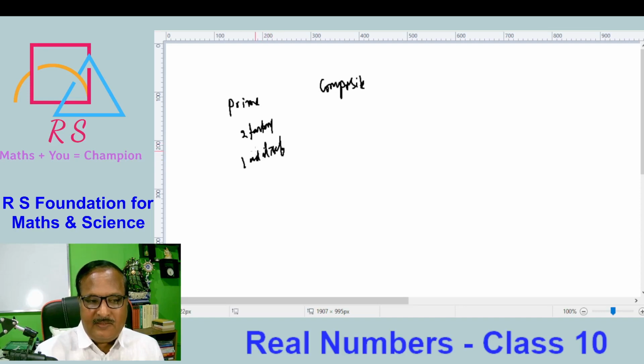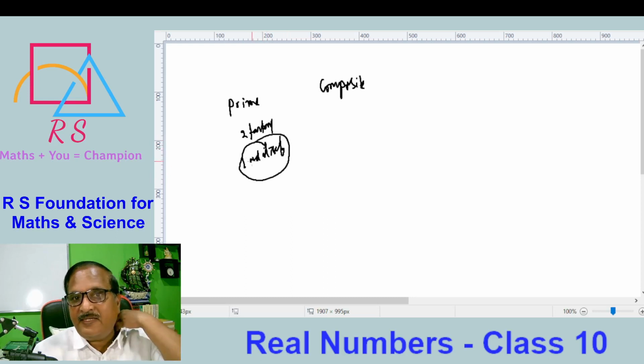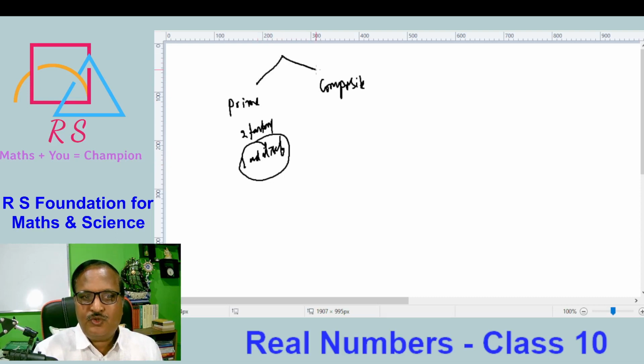So if 1 and itself are the only factors, then that is a prime number. That means all the numbers are divided into two categories: prime numbers and composite numbers. Only two factors will be there, and they are called prime numbers.